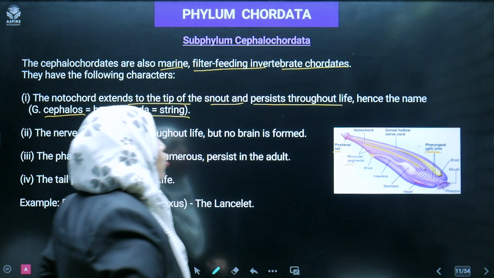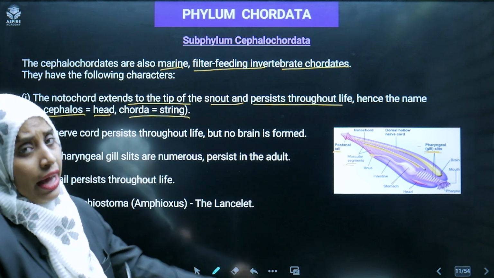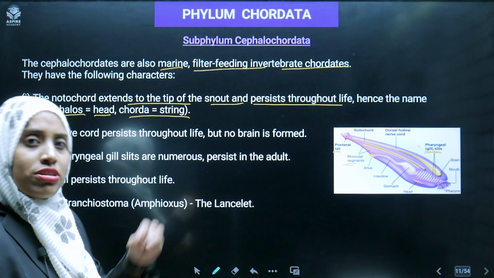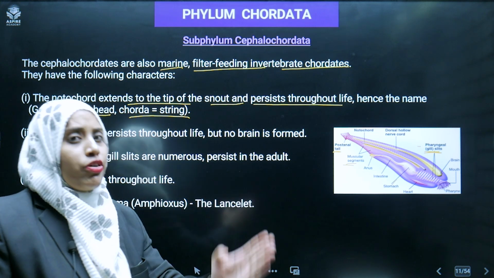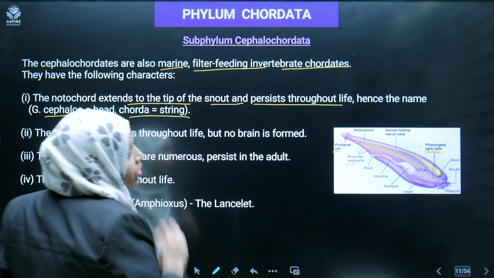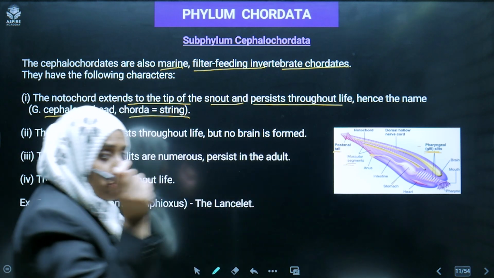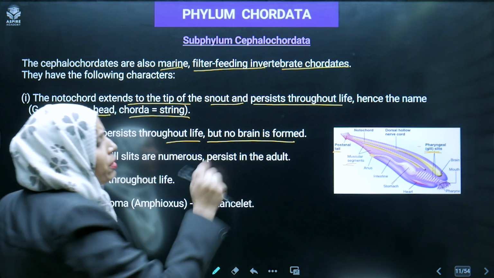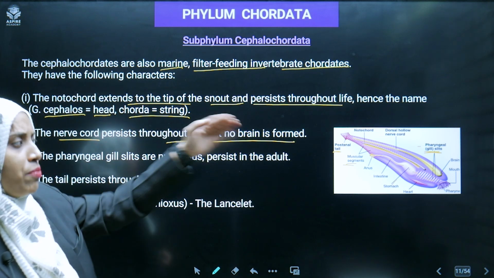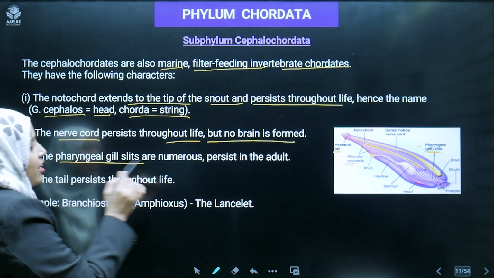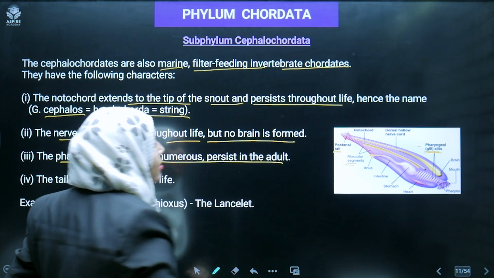So mostly the characters of vertebrates are found much more here, because vertebrates evolved after cephalochordata. The nerve cord persists throughout the life, but no proper brain is formed. Pharyngeal gill slits are numerous and persist in the adult.